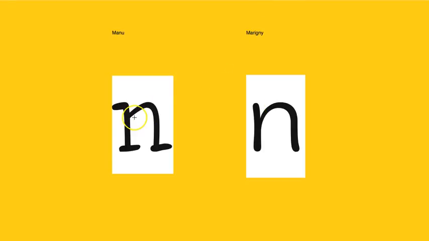And lastly, the approach of the stroke construction. So Manu has this very abrupt style. You can see where the joint of the shoulder goes into the stem, it's pretty high up, and it's a really abrupt motion over in this quadrant. Marigny, on the other hand, it would seem as if the stroke went down, came up and around, and arched back over.